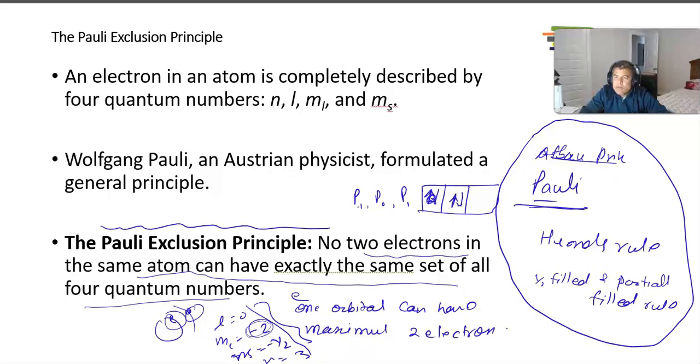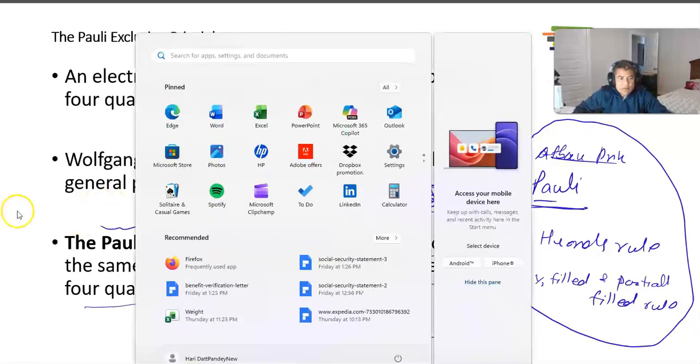One is spin up, one is spin down. This also has maximum 2. One electron is spin up, the other is spin down. So you cannot have 3 electrons in one orbital. You cannot have 3 electrons in one orbital. That is what it is saying. So this is the Pauli exclusion principle.